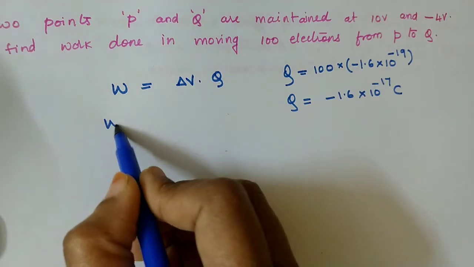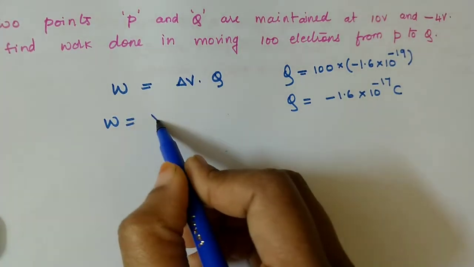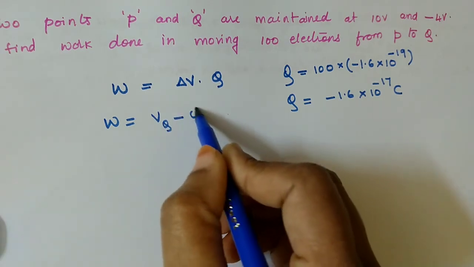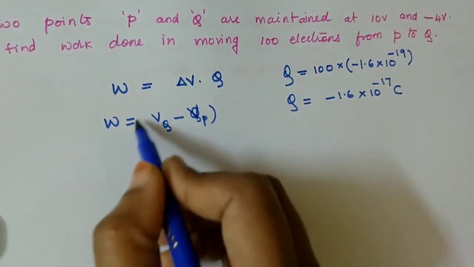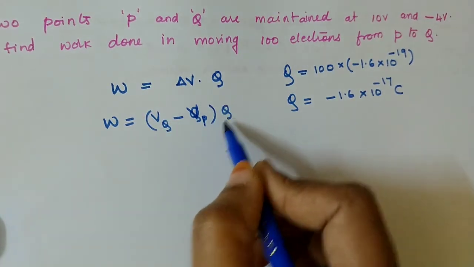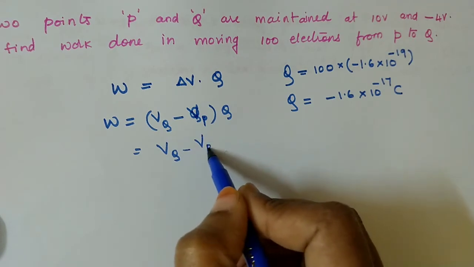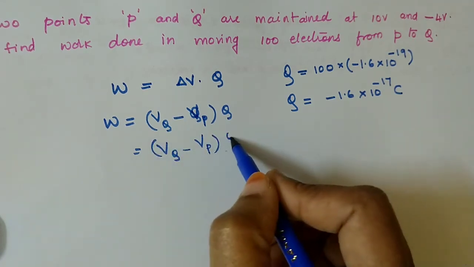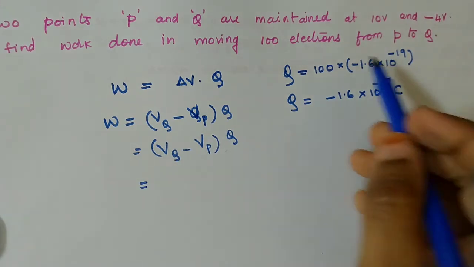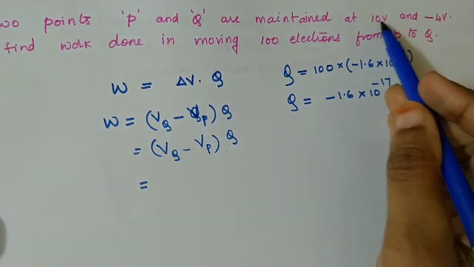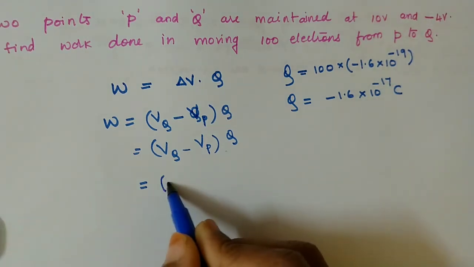And now calculate the work done. Since you are moving it from P to Q, final potential minus initial potential Vp into the charge which you are moving. I repeat, Vq minus Vp multiplied with the charge which you are moving will give you the work done. So Vp is given as 10 and potential at Q is given as minus 4. Substitute the values.